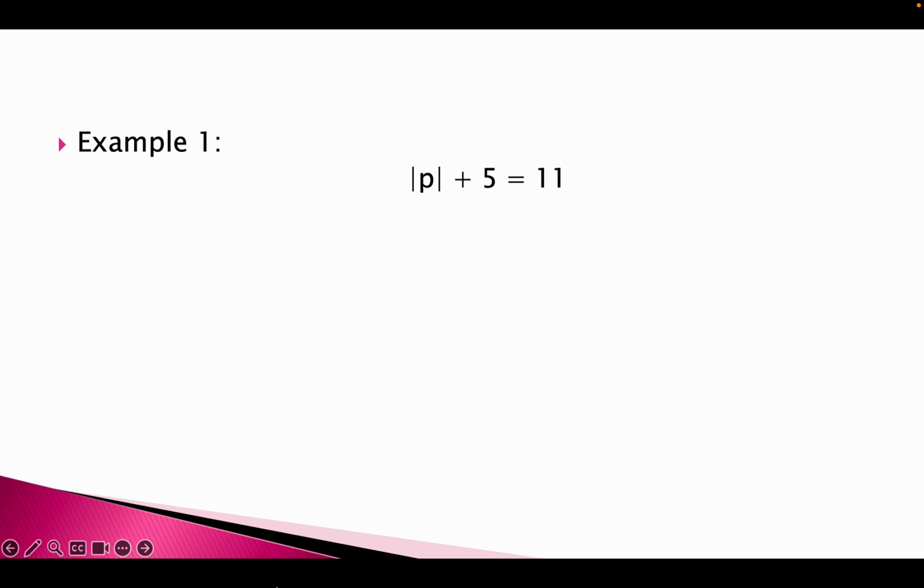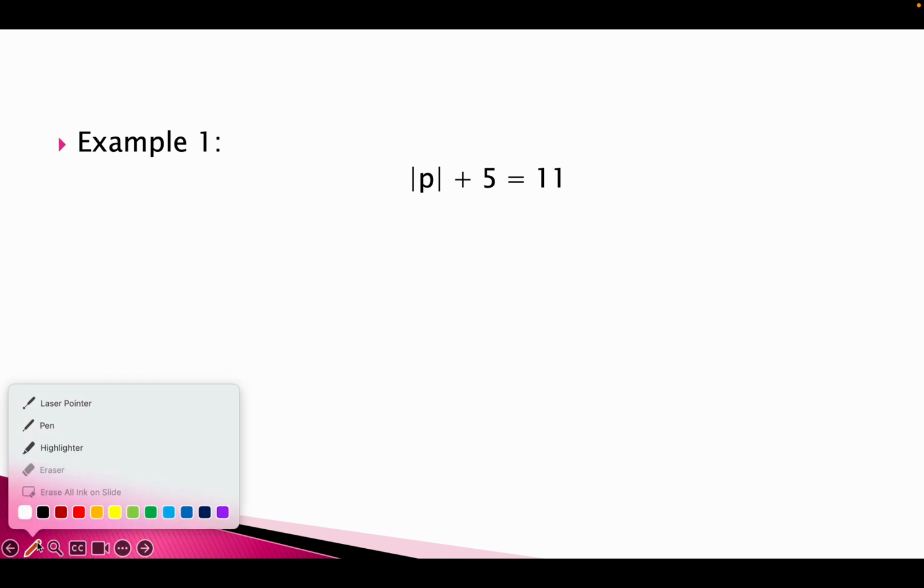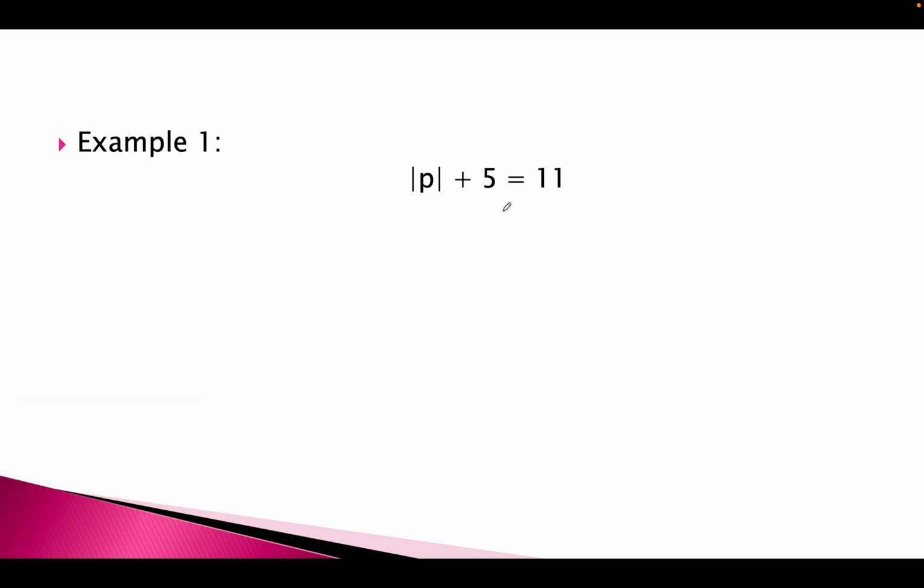Okay, so for our first example, we have here that the absolute value of p plus 5 equals 11. So what number plus 5 is 11 spaces from 0? The first thing we want to do here is just get rid of anything extra on the side of the absolute value so that we are only looking at the specific value, how far it is from 0. So that's step one.